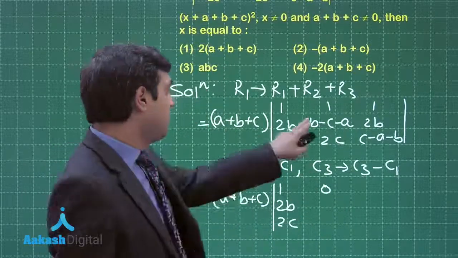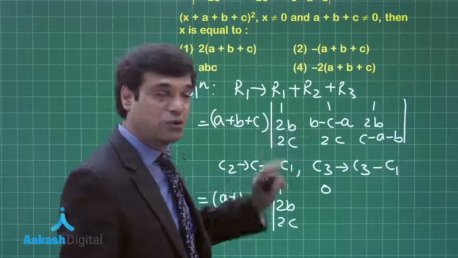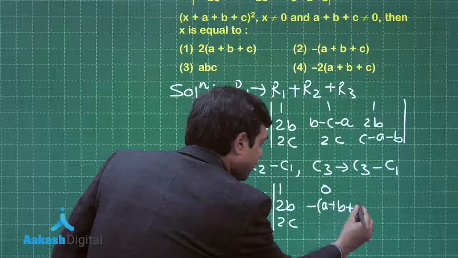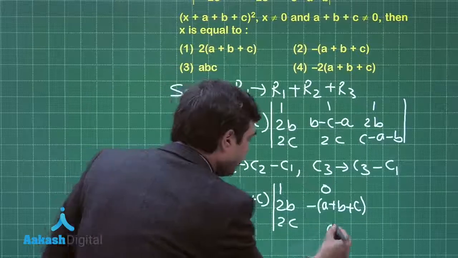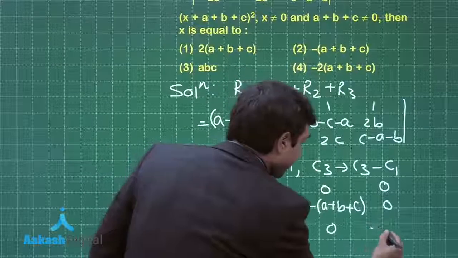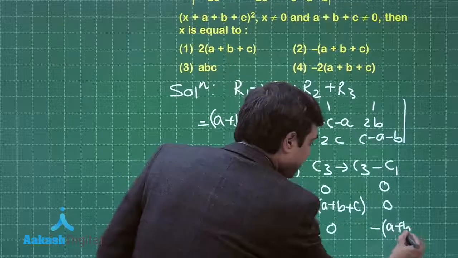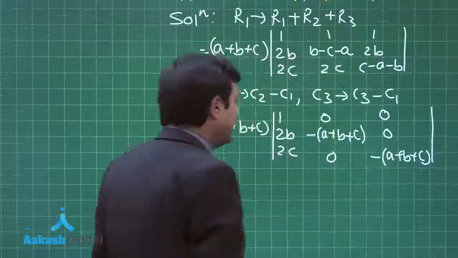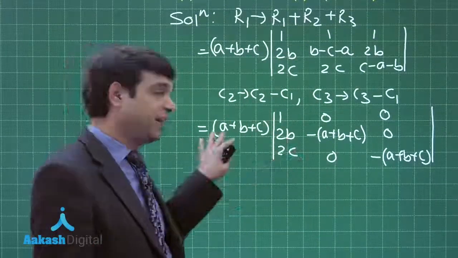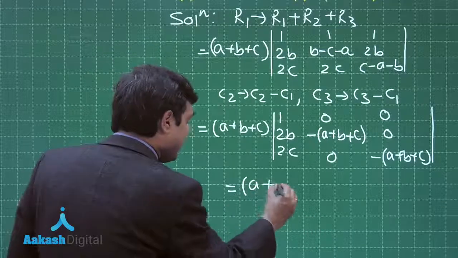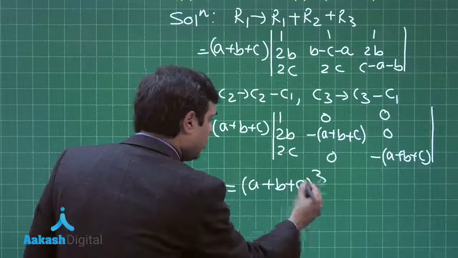Now, this becomes b minus c minus a minus 2b, that is minus of (a plus b plus c). Then you have 0, 0, 0, and this becomes minus of (a plus b plus c). Now, on expanding, simply you can see the product of diagonal elements multiplied with this factor will be the result. So, it comes out to be (a plus b plus c) whole cube.